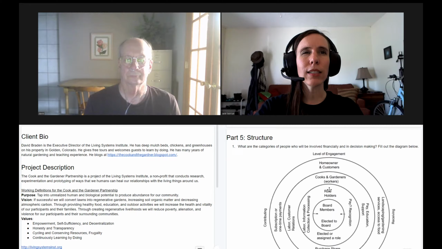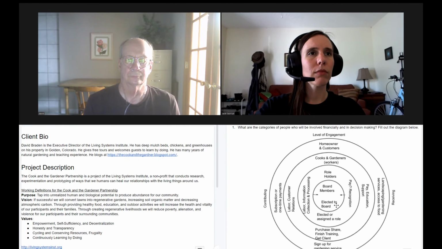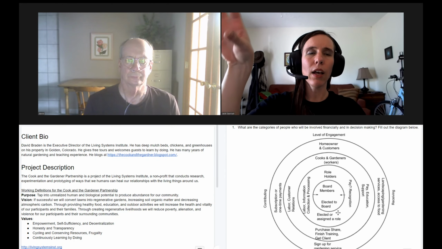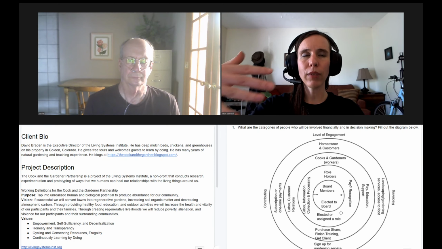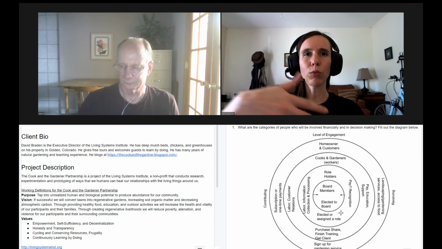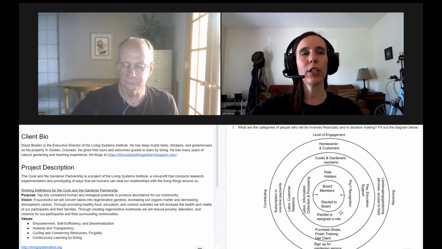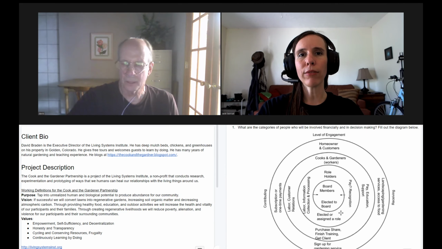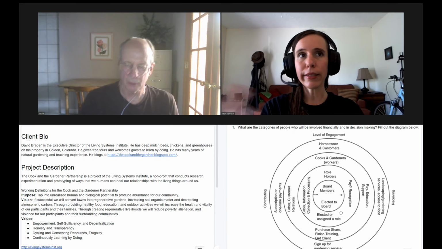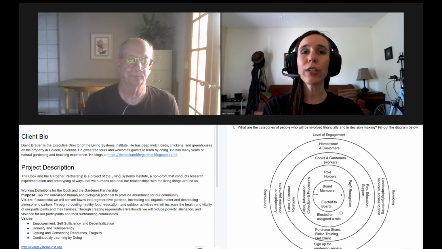And over the last time, we filled out this diagram that looks like a bullseye, and we talked about the different levels of engagement, or the different roles that people would fill in the organization. So there's homeowners, who would be customers, who would be having their lawns landscaped. There would be cooks and gardeners.